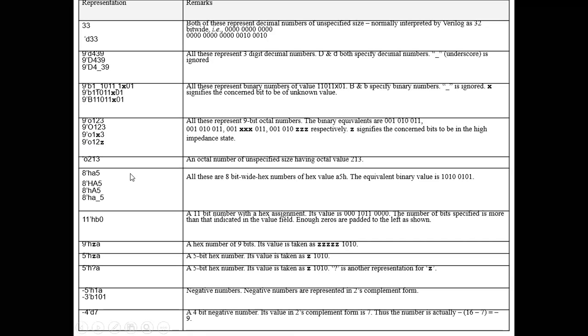Now in the case of the number also, I can use either a small letter or a capital letter. Both are the same. And you can also see here, sometimes I'm using underscore. Though I use underscore, or if I don't use underscore, everything is the same. This underscore is neglected.